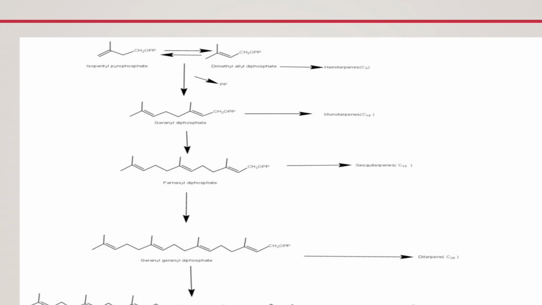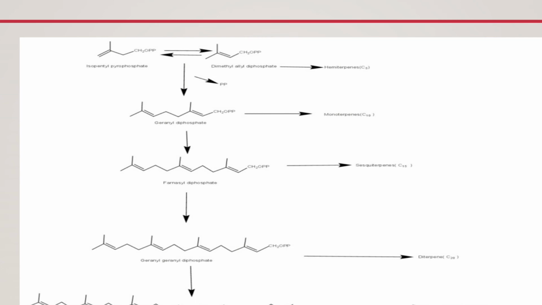If we see examples of monoterpenoids, mainly they are linalool, geraniol, and citral, and these are in acyclic form. In this way the monoterpenoids, diterpenoids, triterpenoids and tetraterpenoids are synthesized, in which a number of isoprene units are attached.